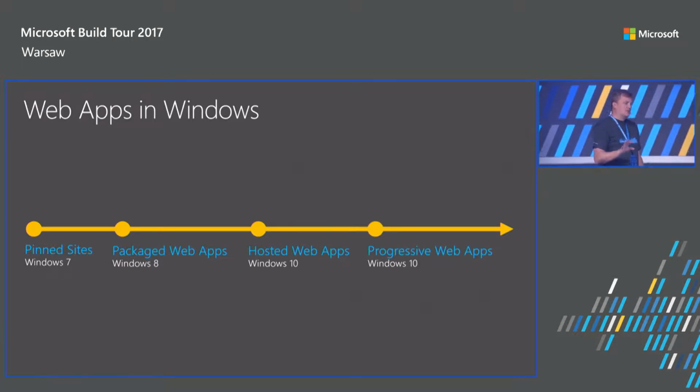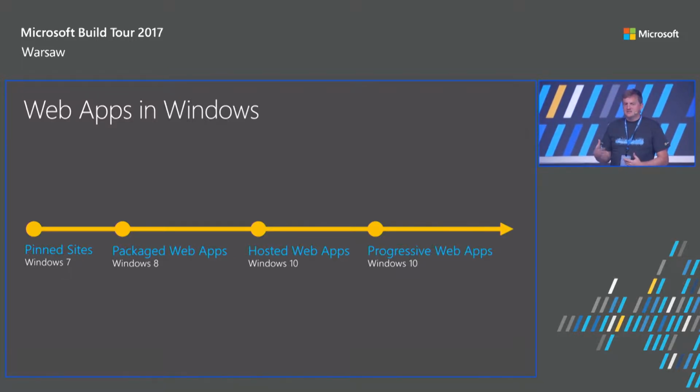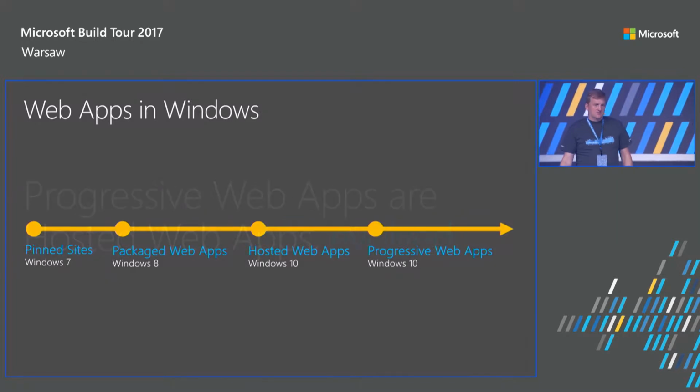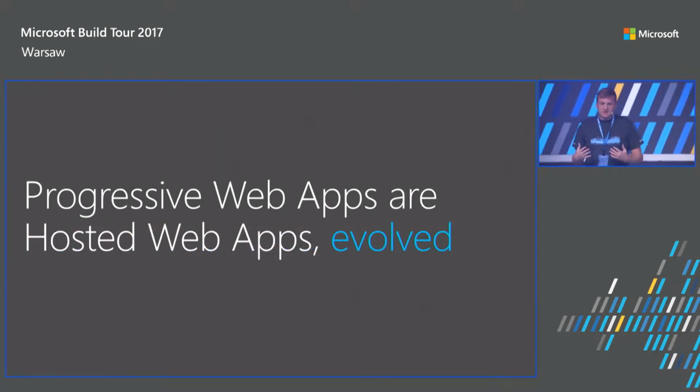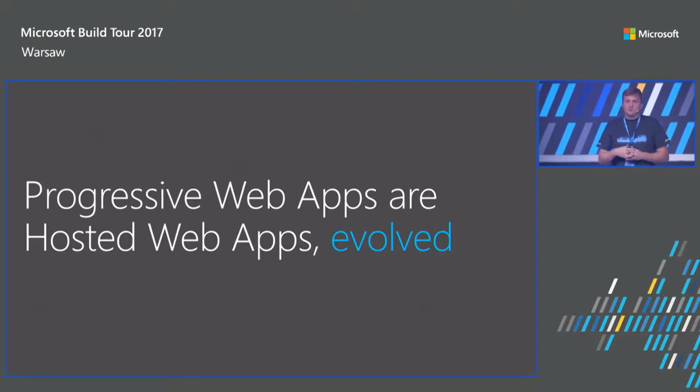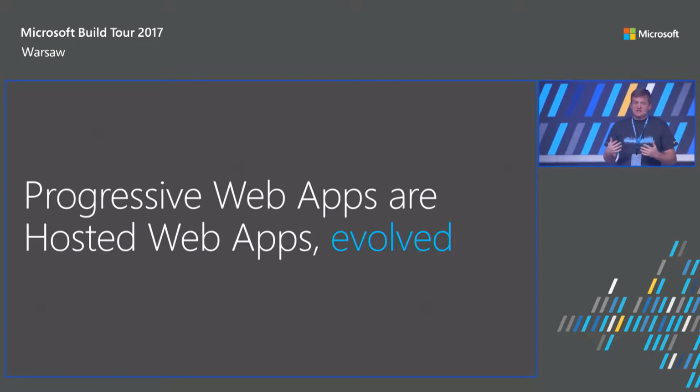And today we're talking about progressive web apps. And progressive web apps are the next step in the evolution of our web app strategy. In fact, what we've done with hosted web apps is we've worked together with the W3C and with the other browser makers to come up with a single app model that works across platform and across browsers.